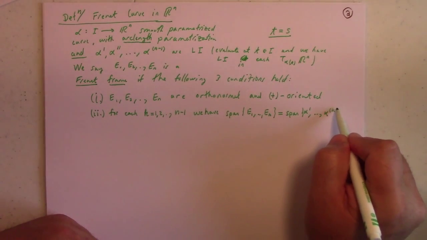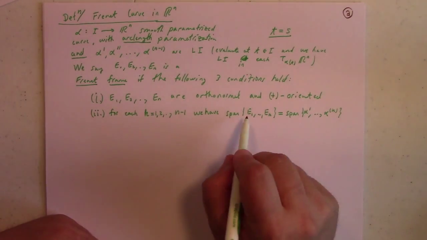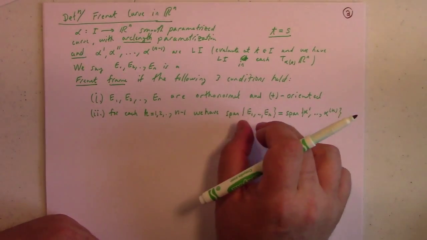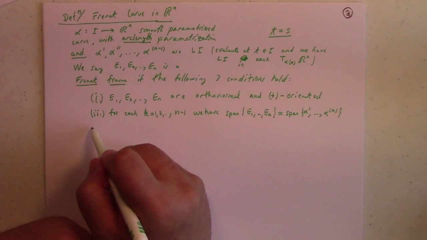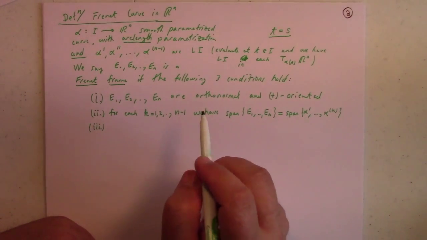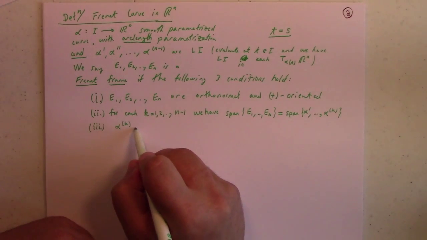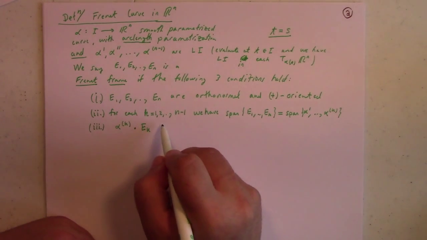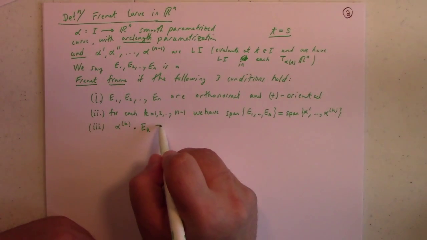Now, that's exactly how Gram-Schmidt works. You would do Gram-Schmidt on these. The vectors it produces, E1 through Ek, will fit this spanning condition nicely. So that's not a burden to the Gram-Schmidt algorithm. 3, alpha k, the kth derivative, dot Ek, I think I got a greater than sign in the notes.